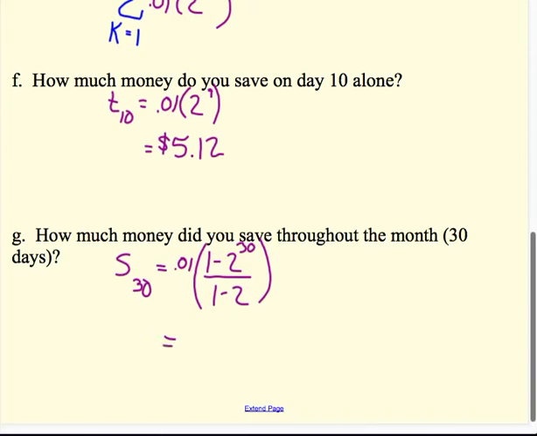And this gives us a sum of, I have to figure out where all my commas go, $10,737,418.23. Much, much more than the $3,000 we would have saved with the $100 a day.